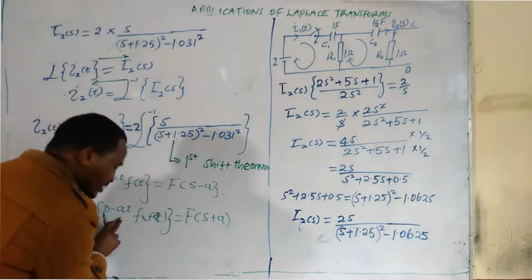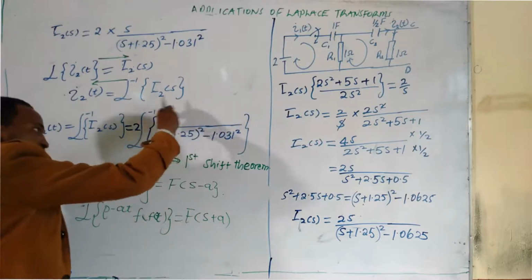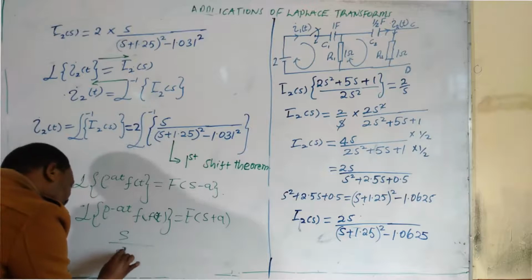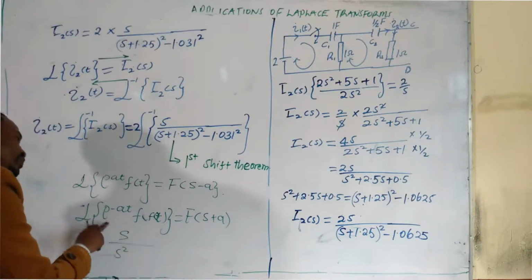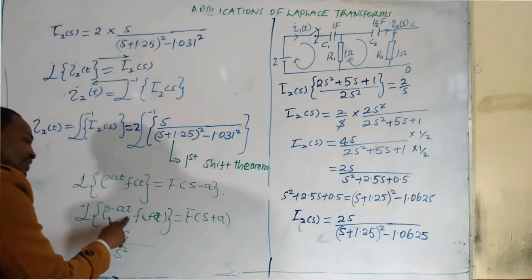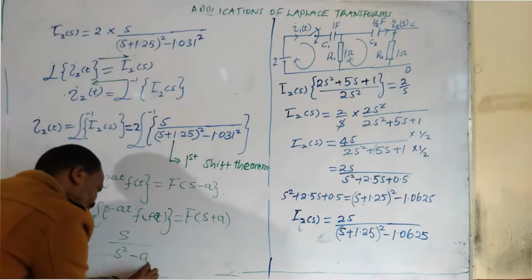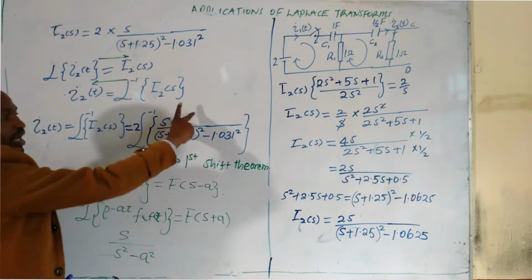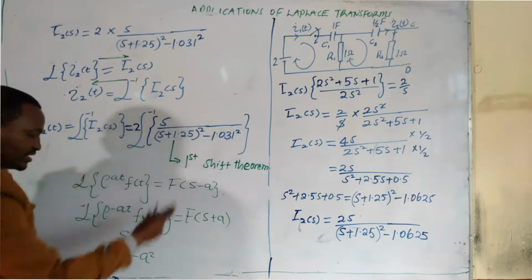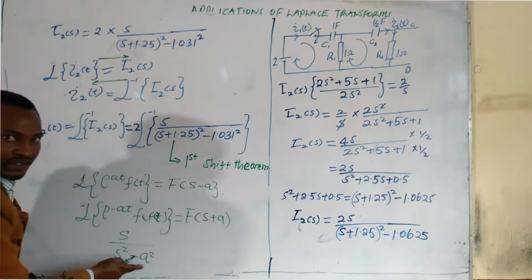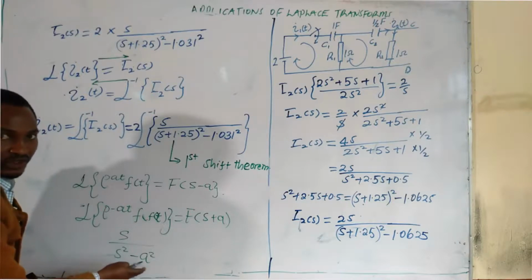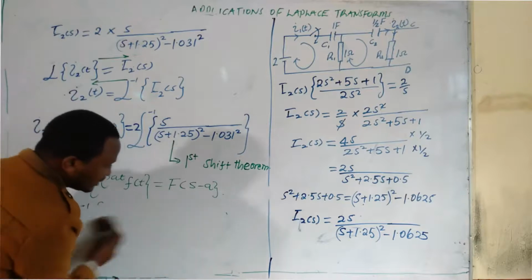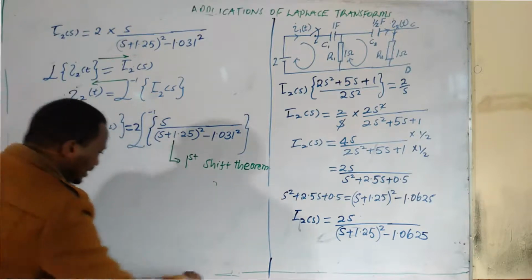Also notice our entire function is of the form S over S squared minus a squared. If we assume we are not multiplying with the exponential, the general form of the entire function of S is this. This one tells us we have a hyperbolic cosine, if you can remember. With this knowledge now we can go ahead and write our final answer.